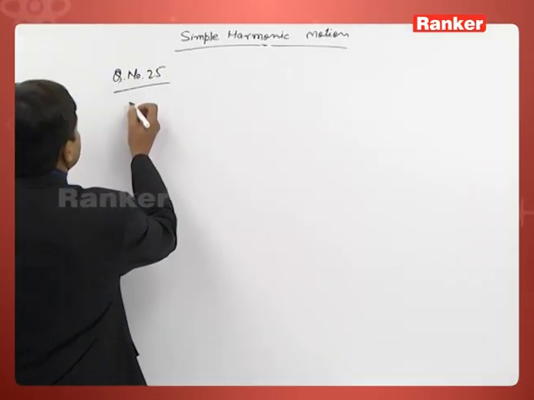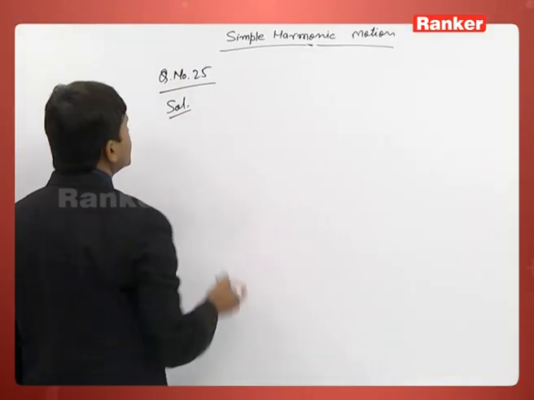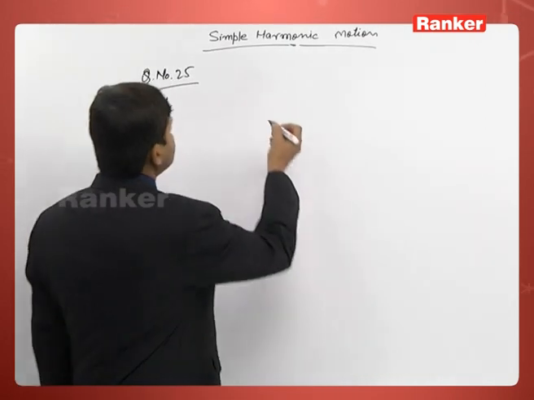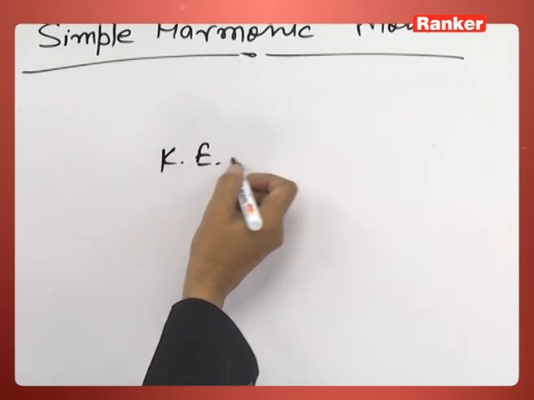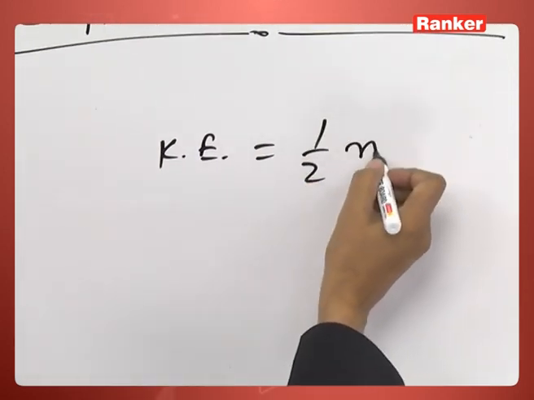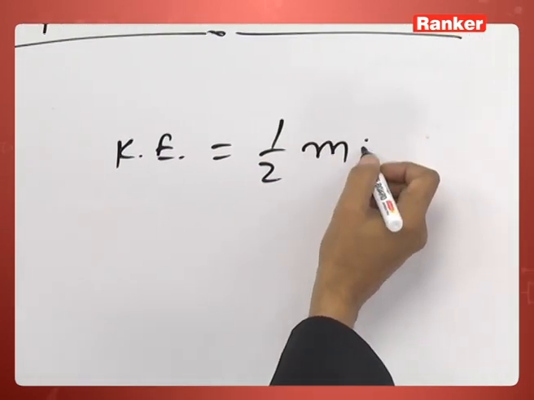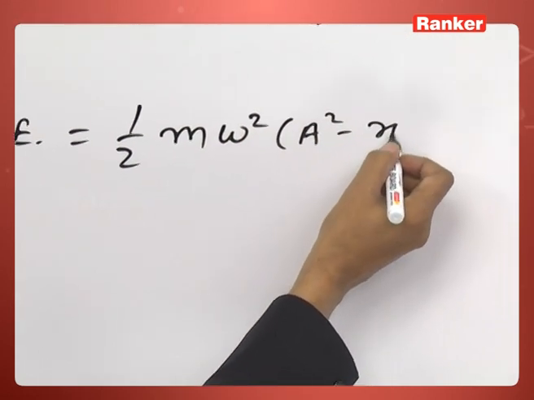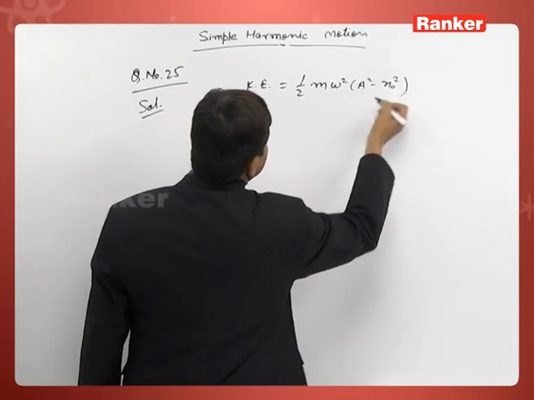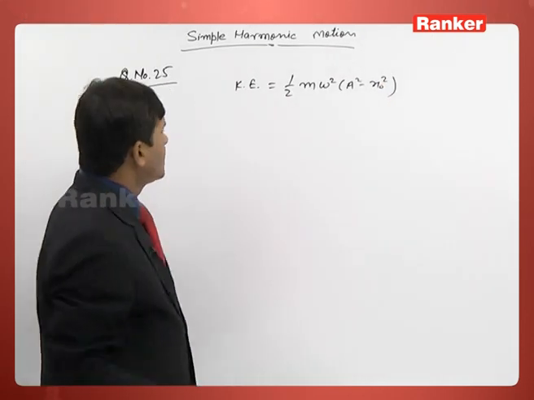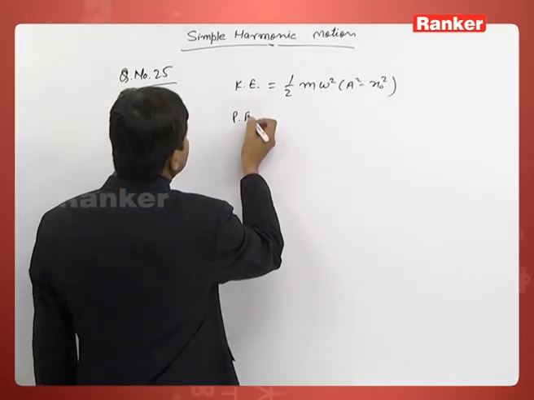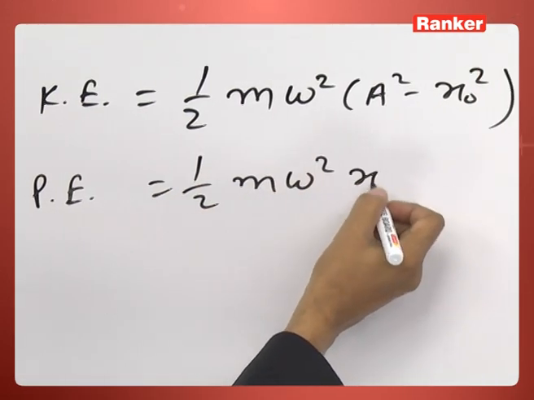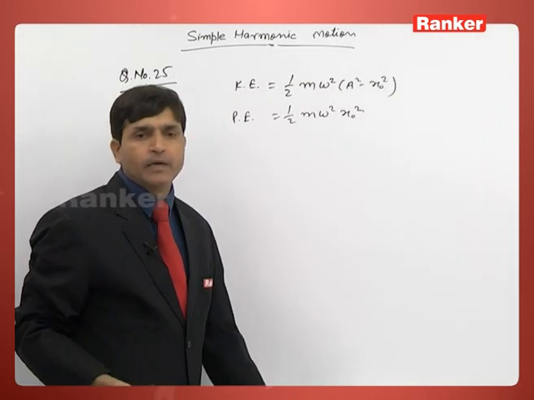Now, in simple harmonic motion, the kinetic energy relation is given as half m omega square, A square minus x naught square, and the potential energy relation is given as half m omega square x naught square.